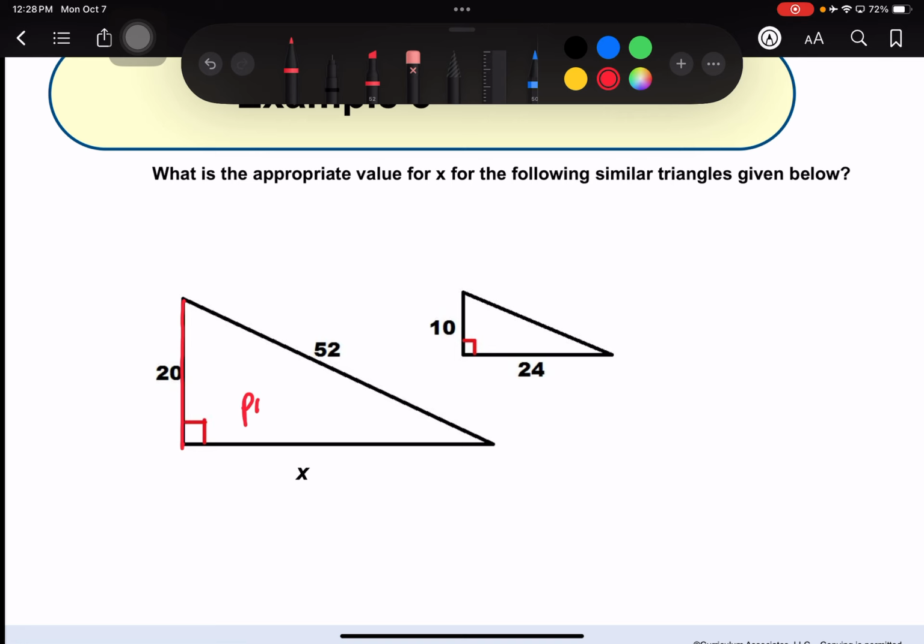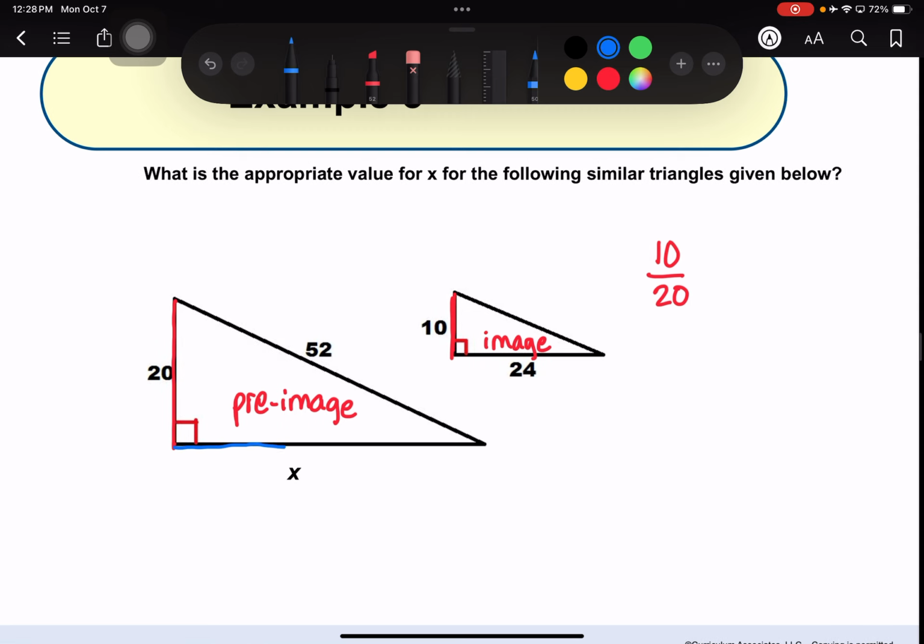This is my pre-image. 20 is similar to what side? 10, right? So if I make a fraction with 10 divided by 20, which is my image divided by my pre-image, what side is similar to x? 24. So then I will have this equals x over 24.